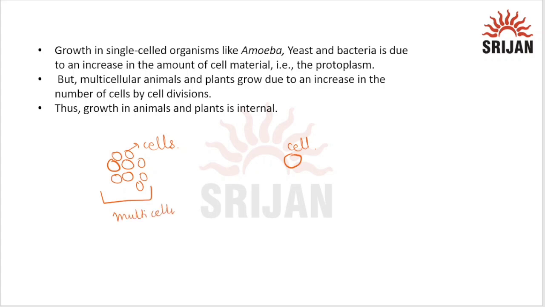Therefore, they are known as multicellular. Human beings and animals are examples of multicellular organisms. Organisms composed of only one cell are known as unicellular, or single-celled organisms, and the examples are amoeba, yeast and bacteria.